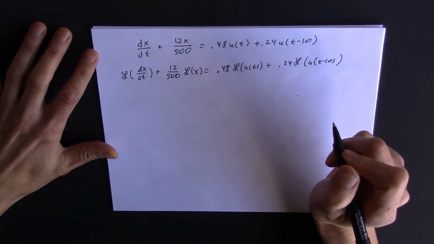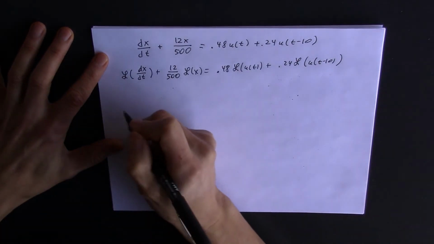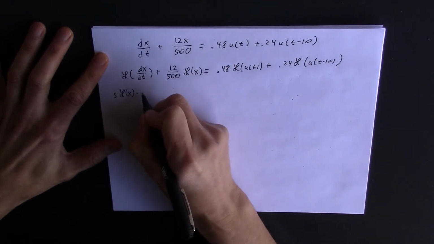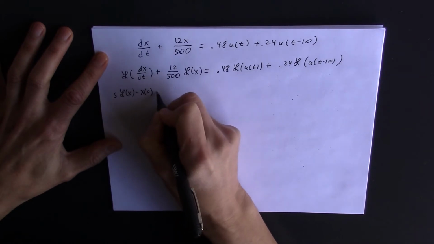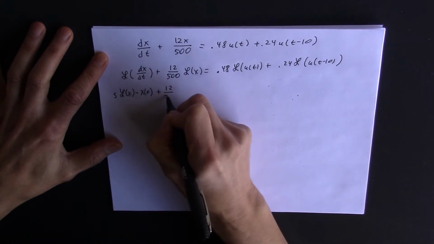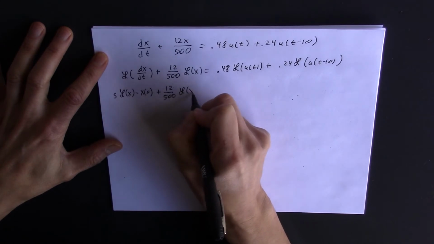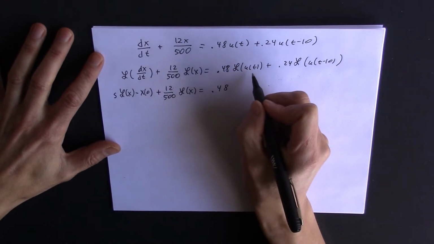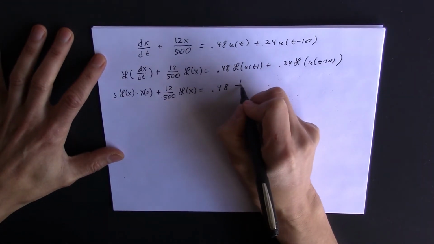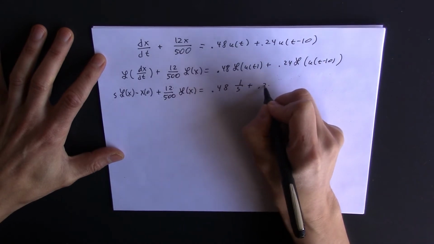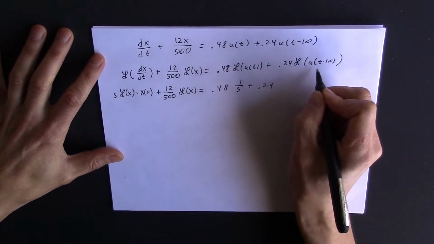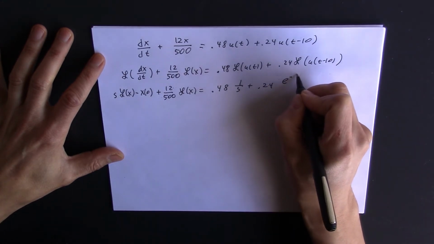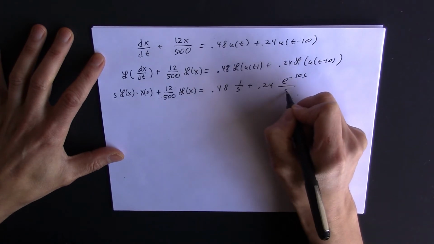Recall how to find the Laplace transform of a derivative. We get s Laplace of x minus x of 0 plus 12 over 500 Laplace of x equals 0.48 times, the Laplace transform of u of t is 1 over s, plus 0.24 times, the Laplace transform of u of t minus 10 is e to the negative 10s over s.